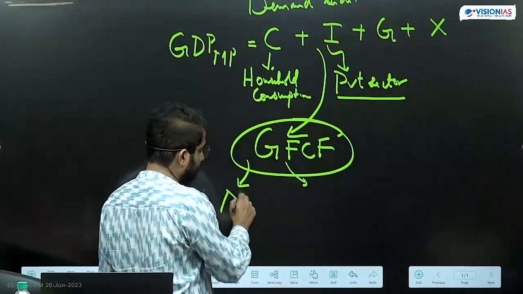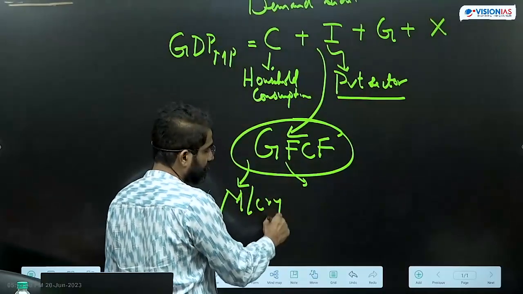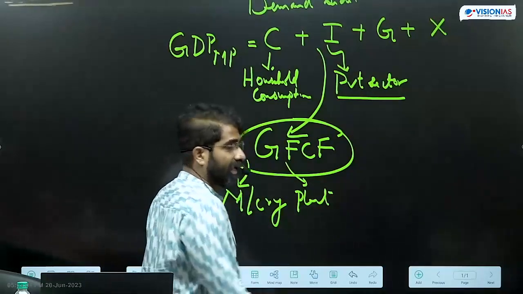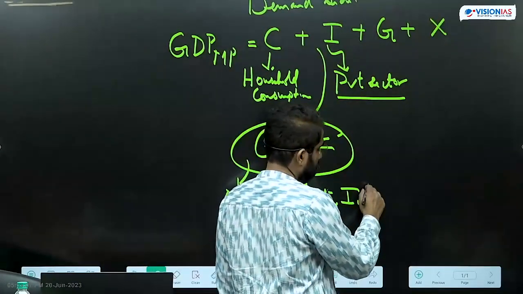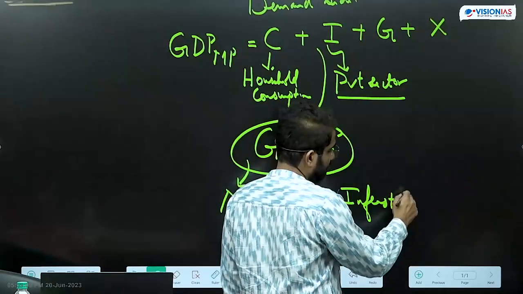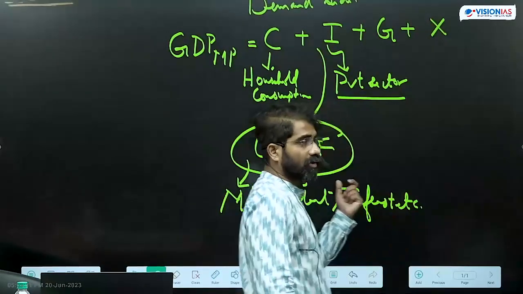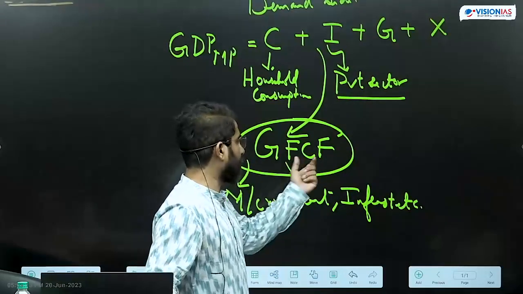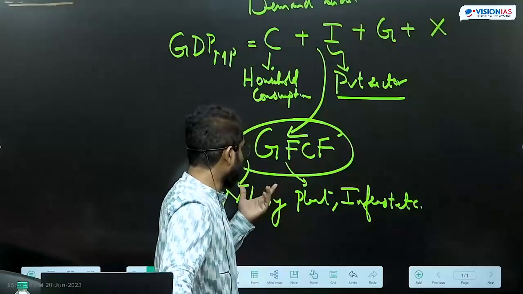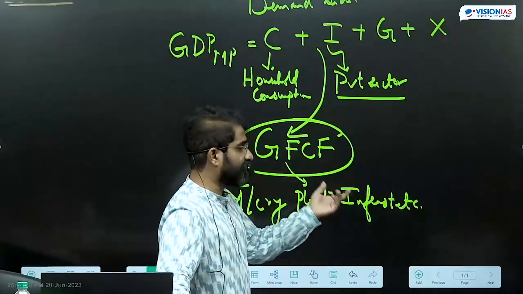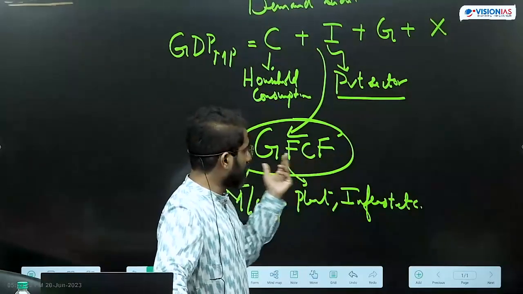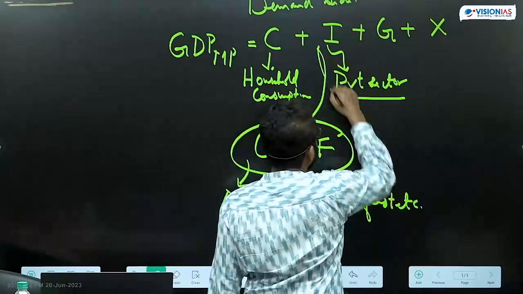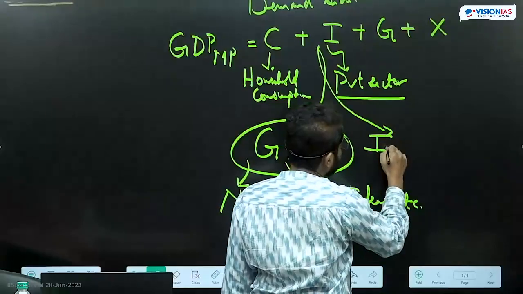Physical assets can be plant and machinery, or infrastructure, etc. That means investment into machineries, capital goods, infrastructure, all this comes into GFCF. Is that clear?